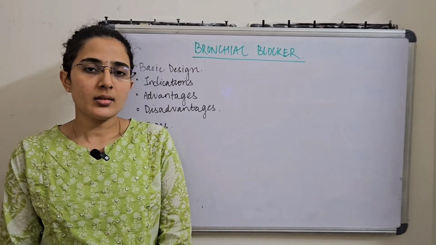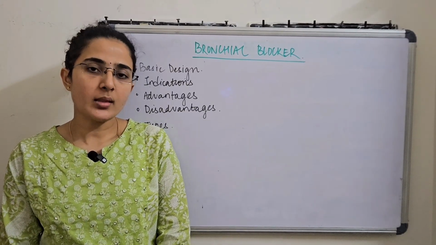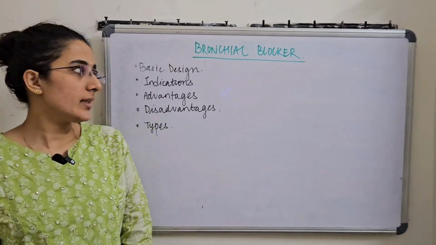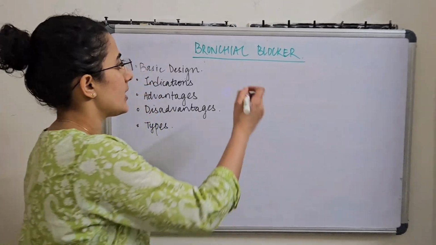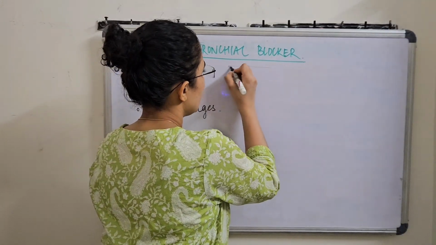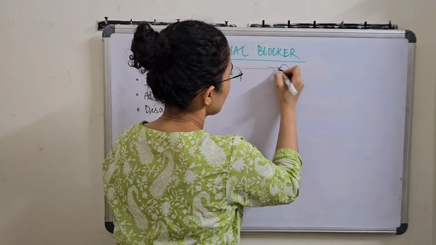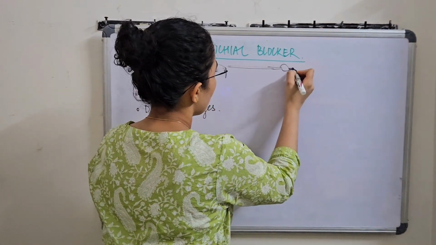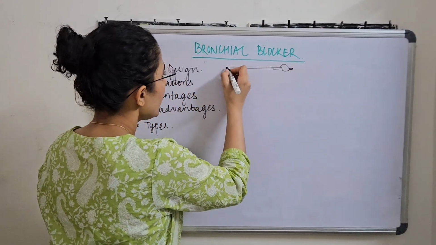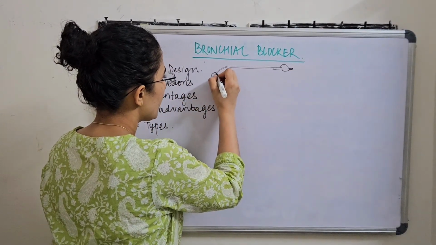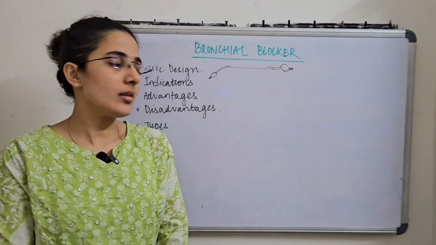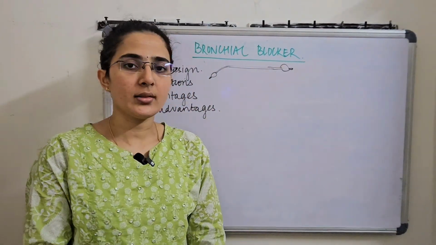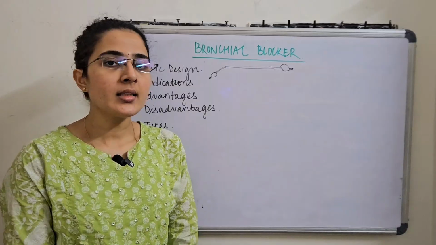The basic design is that it is inserted through a single lumen tube, and it has a blocker with a cuff, with a port for distal suctioning, and also an inflation line with a pilot balloon for inflating the cuff of the bronchial blocker.